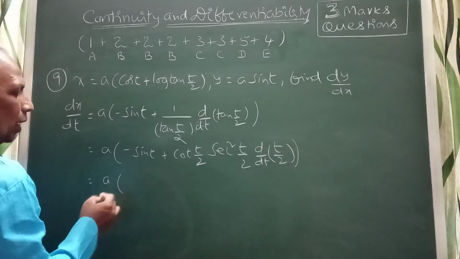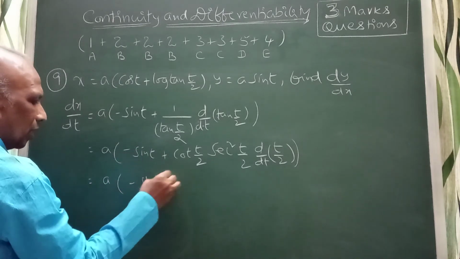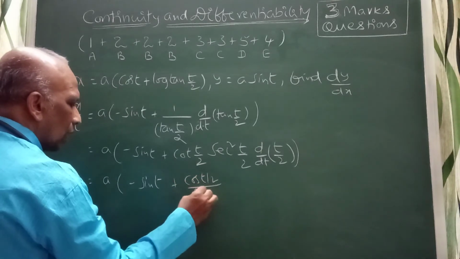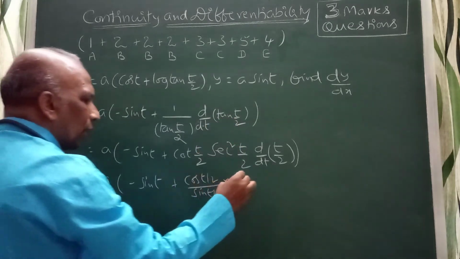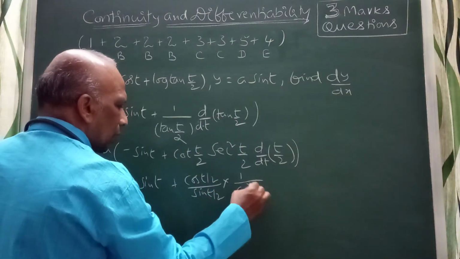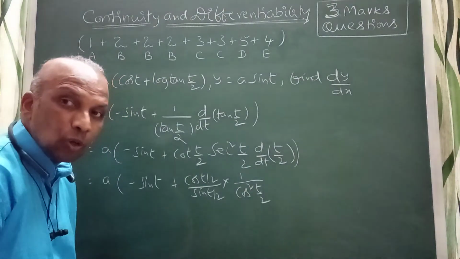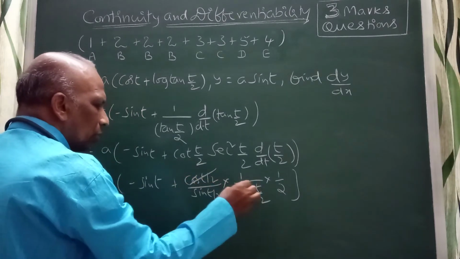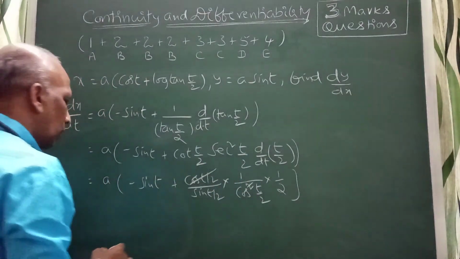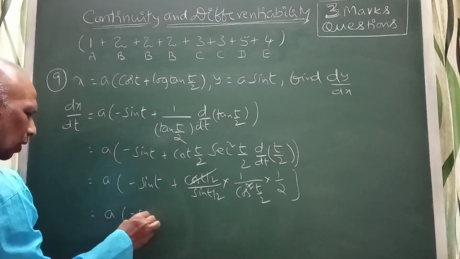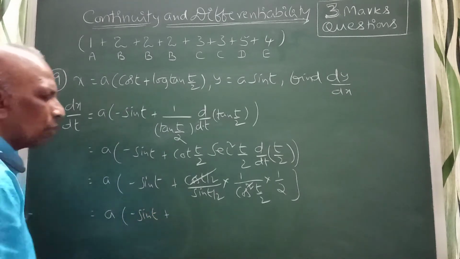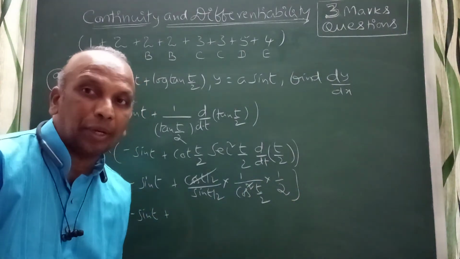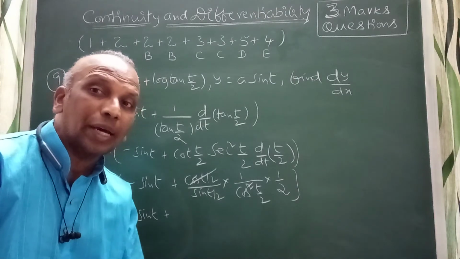So a into minus sin t, plus cot t by 2 means cos t by 2 by sin t by 2, into 1 by cos square t by 2, because secant square theta is 1 by cos square theta. Derivative of t by 2 is 1 by 2. So the cos t by 2 with the square I can eliminate, right? We get a into minus sin t plus 1 by 2, and here we have 2 sin t by 2 cos t by 2, which is sin 2 theta, so sin t.